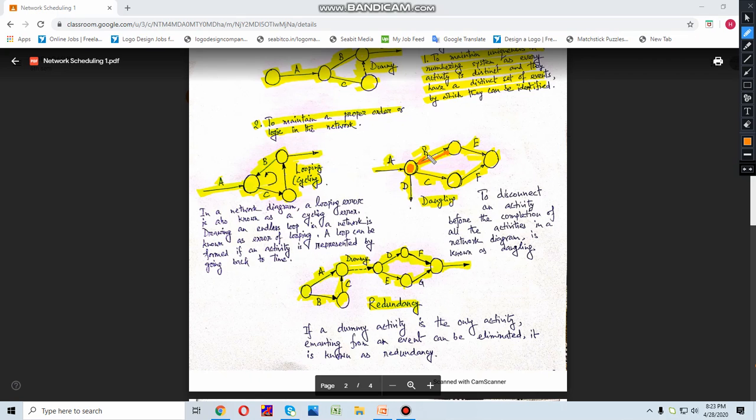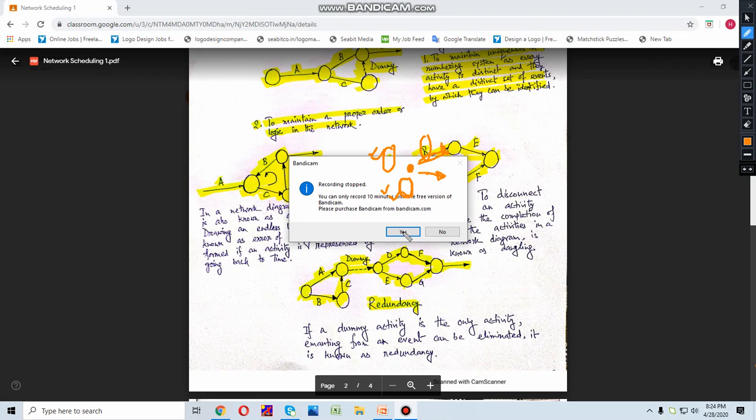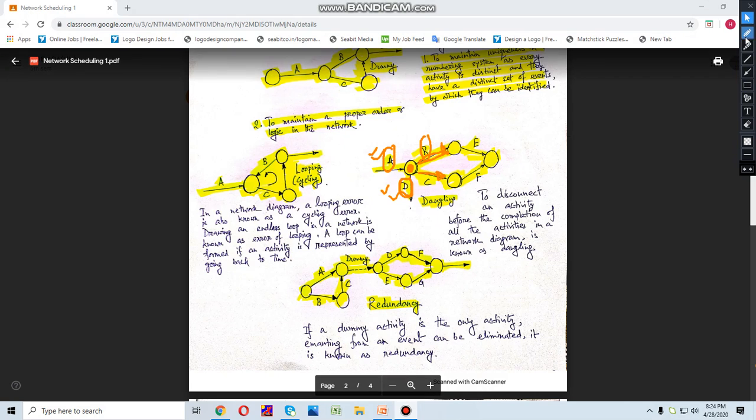Now here you can see, let us focus on this event. From this event you can see that two activities have been generated, that is activity B and activity C. So when A and D haven't been completed, you cannot start B and C. So A and D are the preceding activities of B and C. Similarly, B and C are the succeeding activities of A and D. I hope that I have made myself clear.